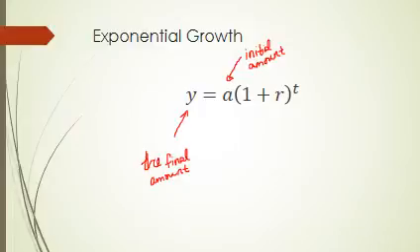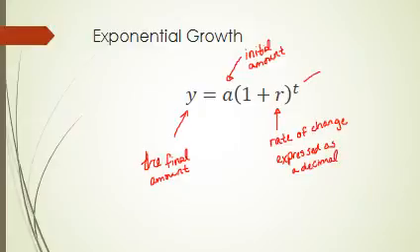The r is your rate of change, the common ratio, and this is expressed as a decimal. And then your t is going to be time. So let's go ahead and get started with this formula to see how we're going to use it.